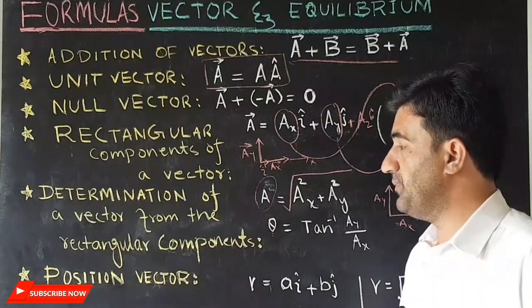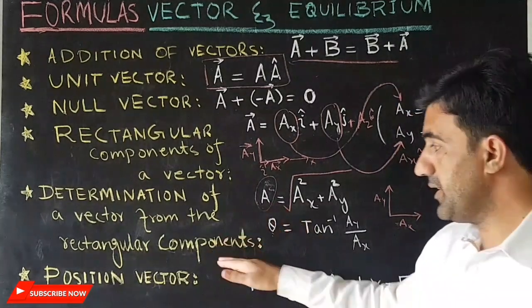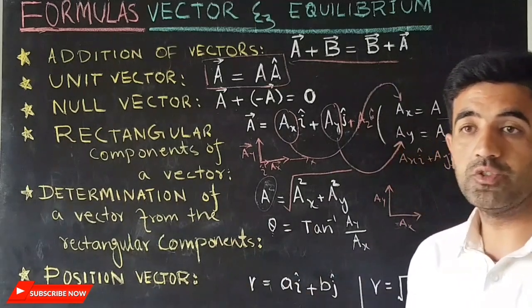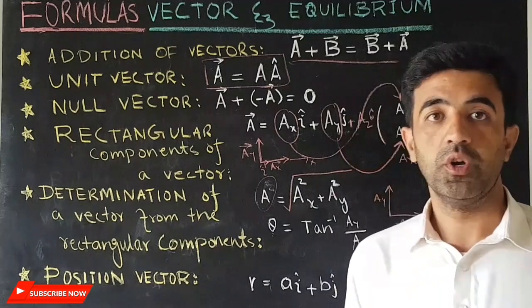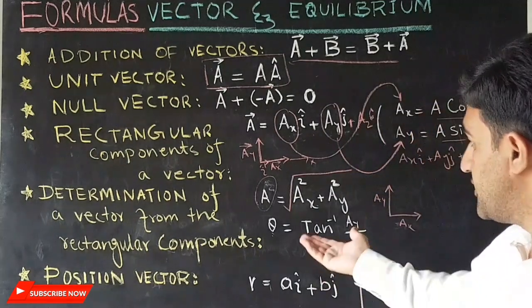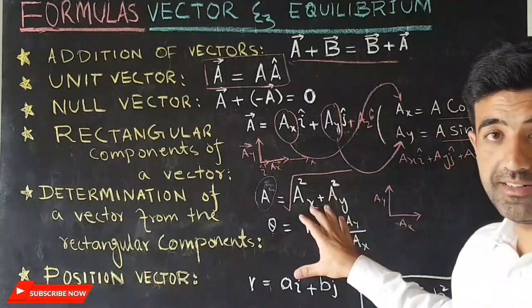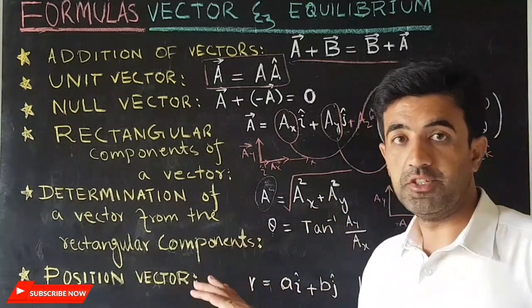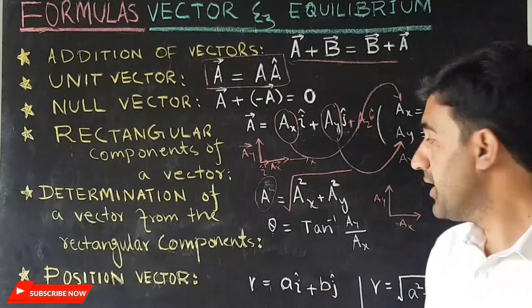The next formula is the determination of a vector from its rectangular components. If you want to determine the magnitude of a vector, or if you want to know about the direction of a vector in physics, we need these formulas. These formulas are very helpful in determination of a vector from its rectangular components.